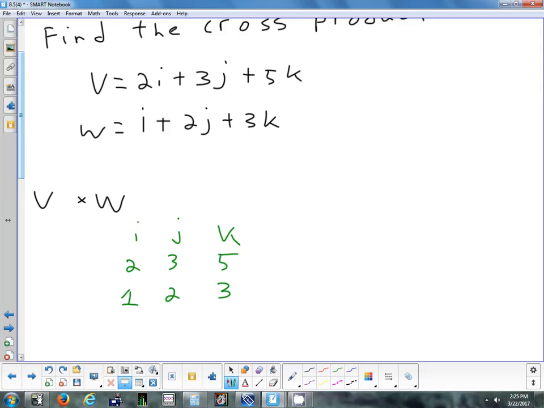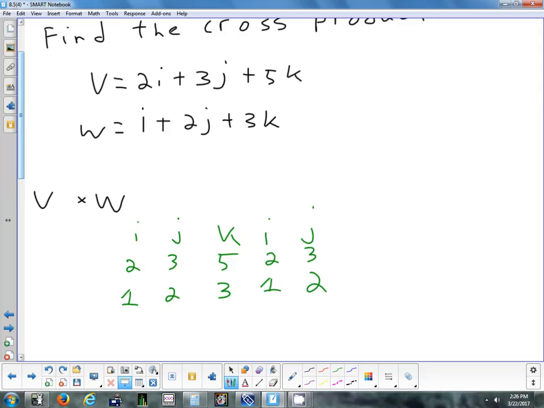Take the first 2 columns and copy them to the end. Okay. So we have IJ, 2, 3, 1, 2.